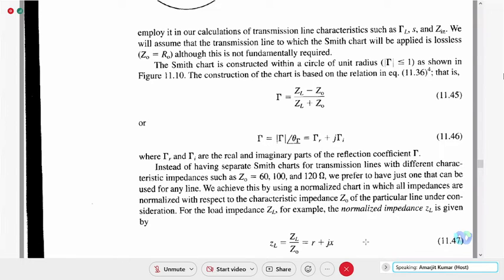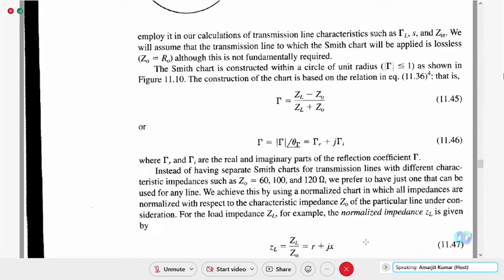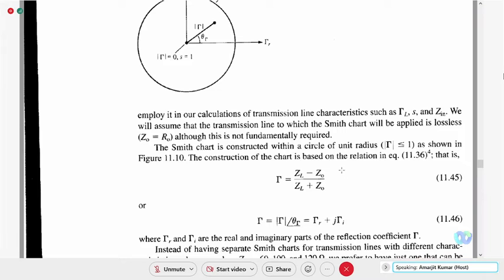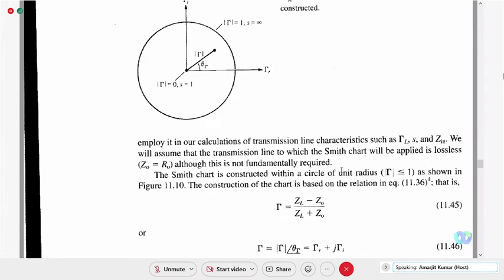So R is the real part of the normalized load impedance and X is the imaginary part. And reflection coefficient is ZL minus Z naught divided by ZL plus Z naught, which we can write as gamma R plus J gamma I, real part of the reflection coefficient plus J into imaginary part. In polar form, we can write mode of gamma, angle theta.